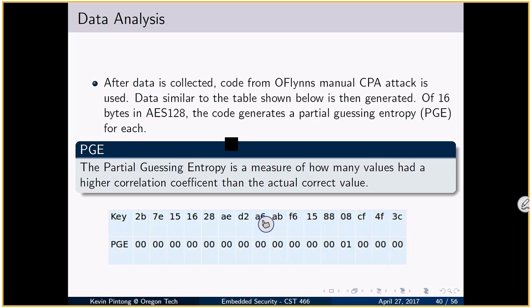This is AES-128, so there's 16 different bytes, and it's guessing for each byte. So for this 08 and 01, if you get a 00, it means you got the correct value. But for an 01, it means that there was one guess that had a higher correlation coefficient than the correct value. Yes, Tamadar?